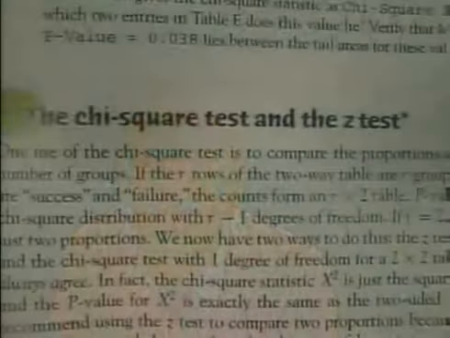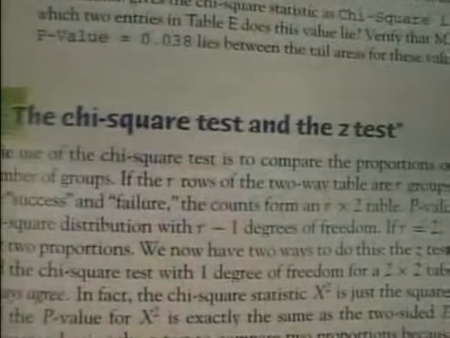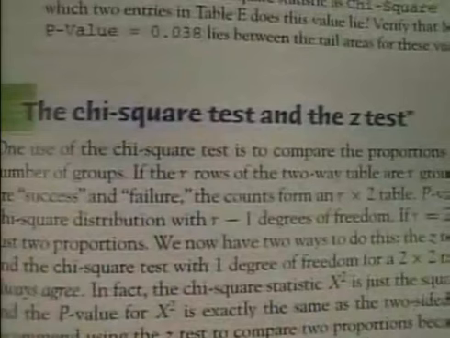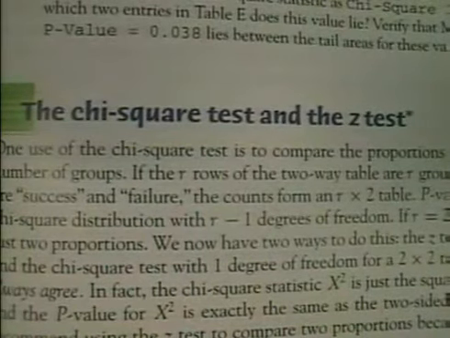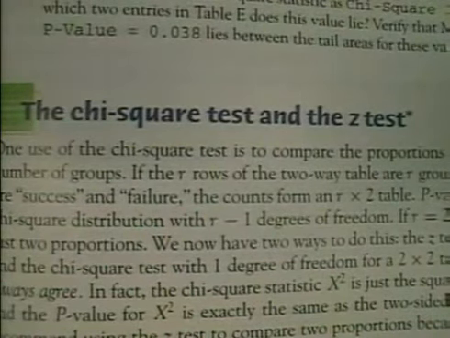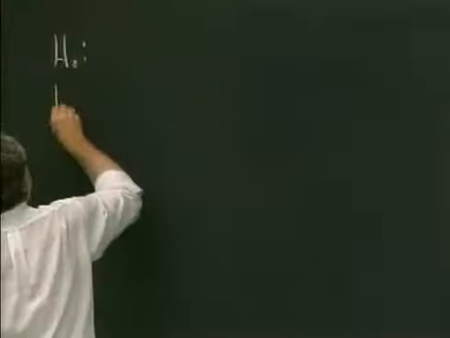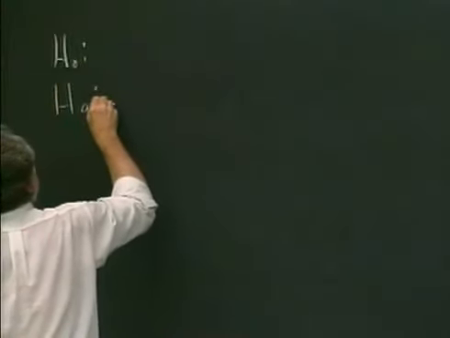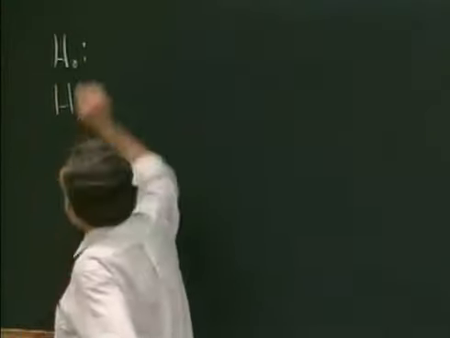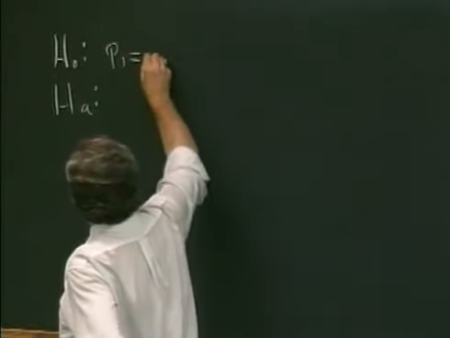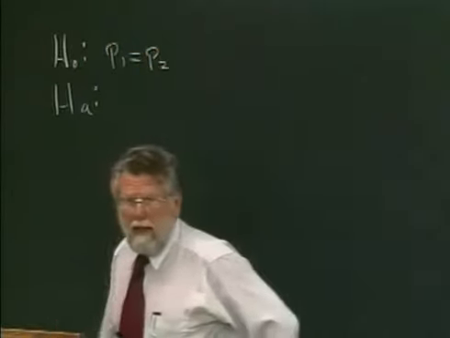Now, I'm going to leave that on screen just for a bit more, and what I want to point out to you as I go to the board on this, that the null hypothesis, when we look at a z-test, is going to be P1 equals P2 for the 2 sample variety.